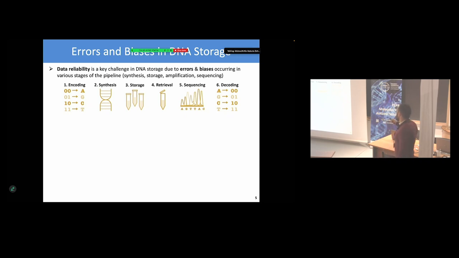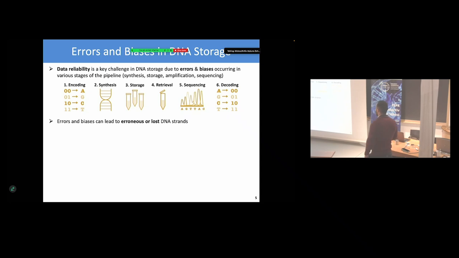Of course, we saw how DNA storage works, and we know why it's interesting, so I will immediately move to the challenges. One of the main challenges is data reliability. This is a key challenge in DNA storage due to errors and biases that can occur during various stages of the DNA storage pipeline, including synthesis, storage, sequencing, etc. These errors and biases can lead to erroneous or lost DNA strands.